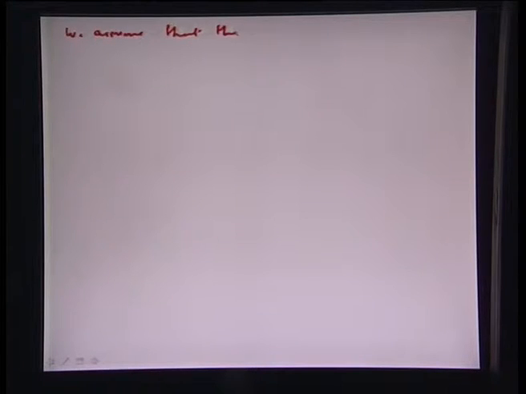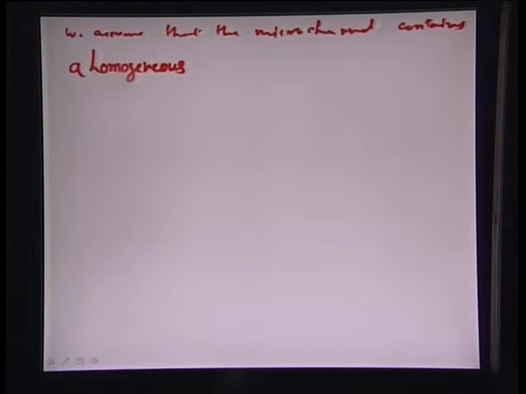So we assume that the microchannel contains a homogeneous and continuous fluid.